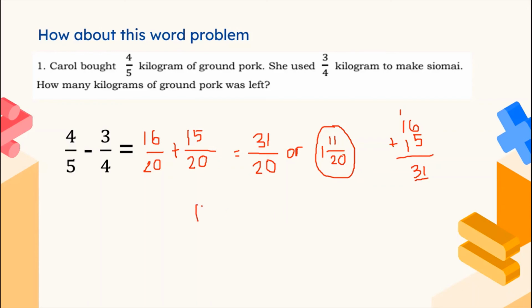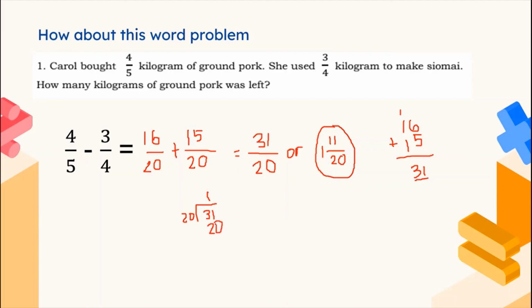Maybe some of you are still confused why I have here 1 and 11 over 20. I just divide 31 by 20. So let's put that into process. Let's divide. 31 divided by 20. How many 20s can you find in 31? That is only 1. 1 times 20 is still 20.